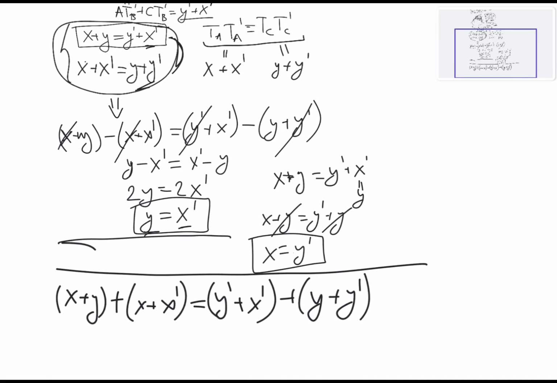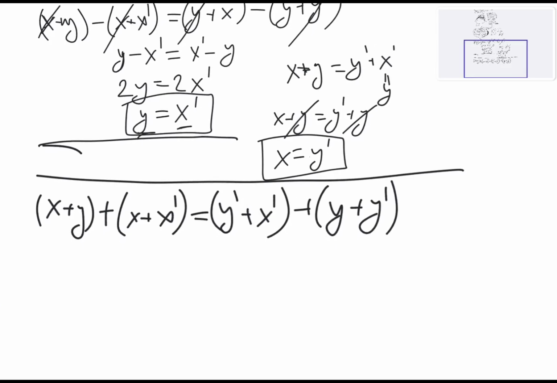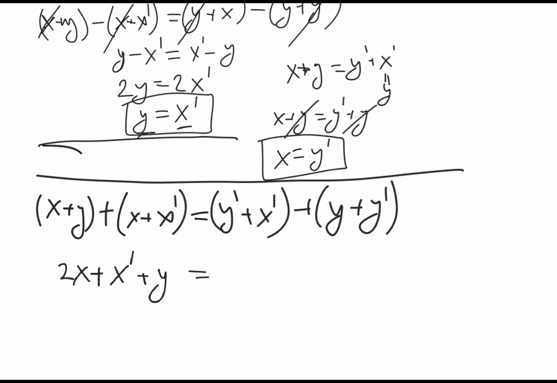So we added these two equalities, and now we see that the left side would be 2x plus x prime plus y, and the right side would be 2y prime plus x prime plus y, right?